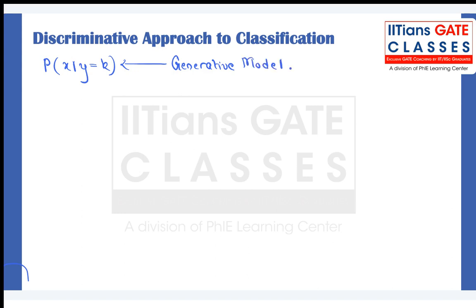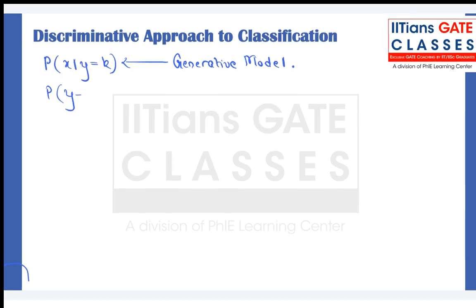In the discriminative approach, what we do is we try to find out, given that data point x, what is the probability, the likelihood of occurrence of y given x. So this is also called the discriminative model.